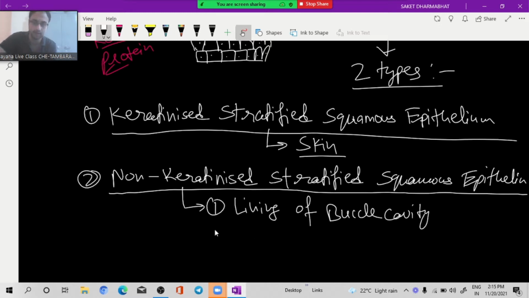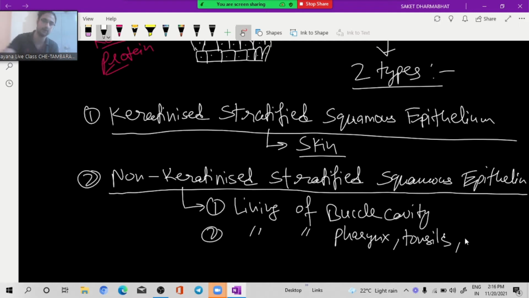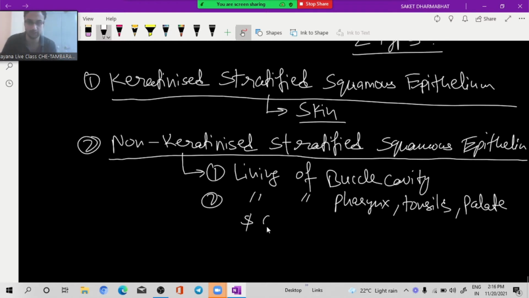Okay, lining of buccal cavity. Second, lining of pharynx, tonsils, hard palate and soft palate. Okay, and esophagus.